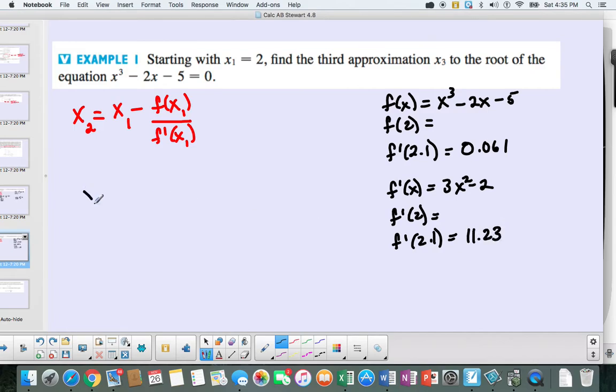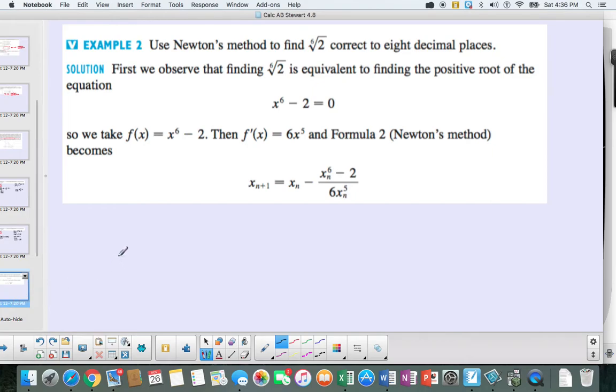So our third guess, which is what we're looking for, is going to be based on the previous one, which is 2.1 minus f of 2.1 divided by f prime of 2.1. And if you put all these values in, you get approximately 2.0946.